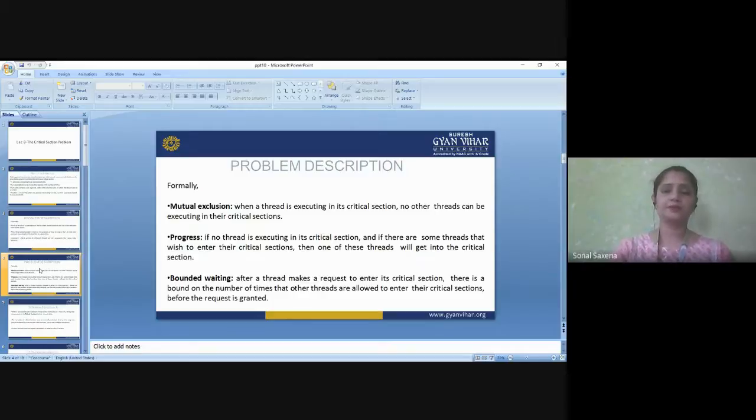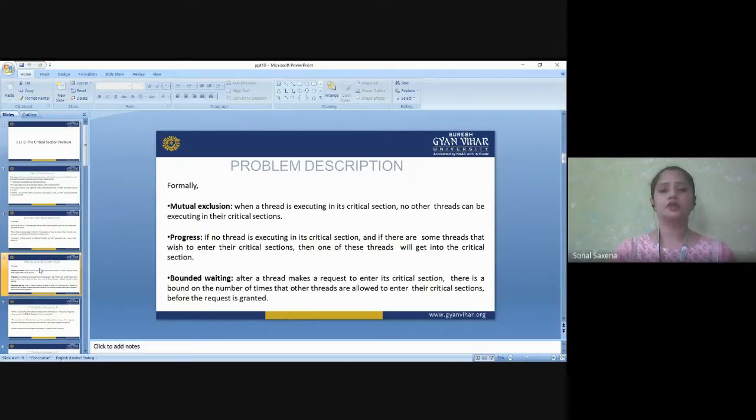That is one point. The second point is the progress part. We should not keep the critical section completely free. We are keeping the CPU free. As I told you, the CPU should be 100% utilized. It should not sit idle for a second. In fact, this will always decrease its efficiency. So to make progress in the system, we shouldn't let the critical section sit idle.